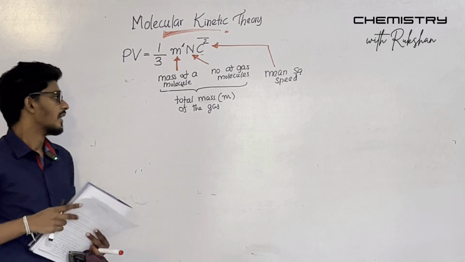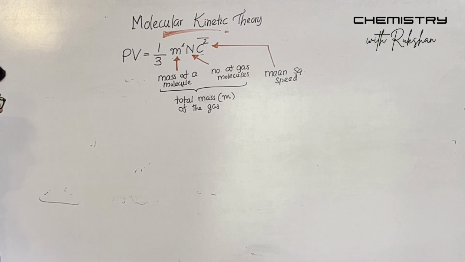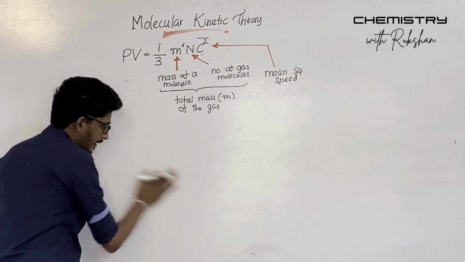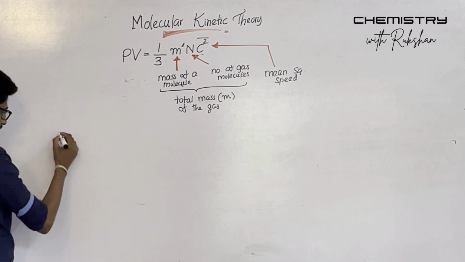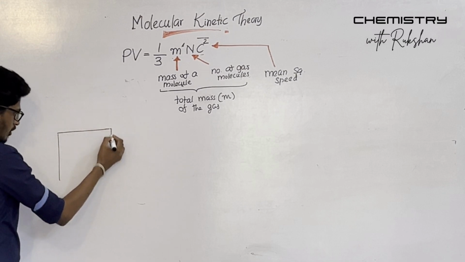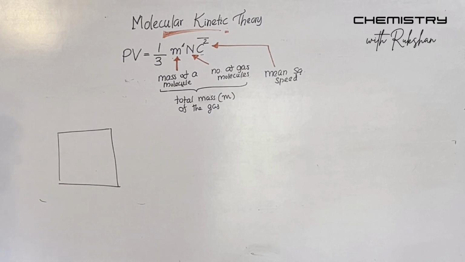When it comes to gaseous systems, we define some velocities, like mean velocity, mean square velocity, and so on. Let's discuss one by one.